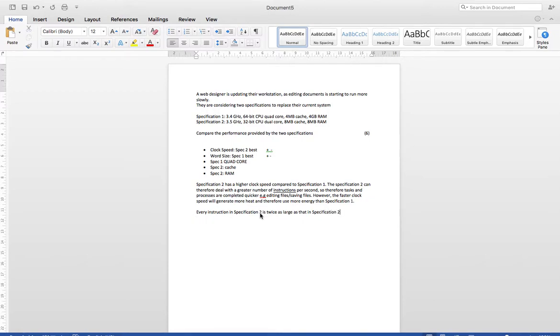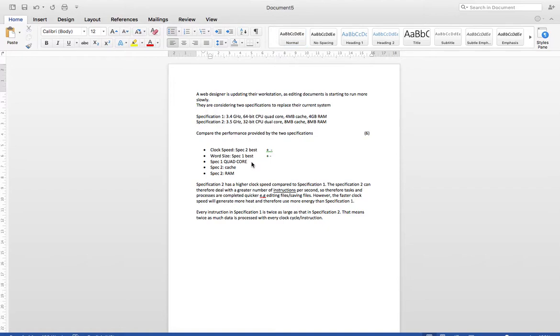So I've actually made a mistake there. Specification 1 is twice as large. That means twice as much data is processed with every clock cycle or instruction. I really think this is a wee bit above and beyond what we want to cover at this level, so I won't worry too much about that one.